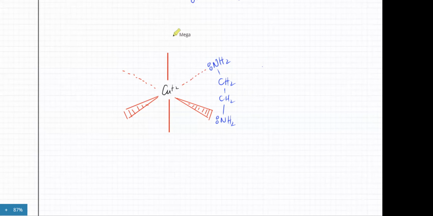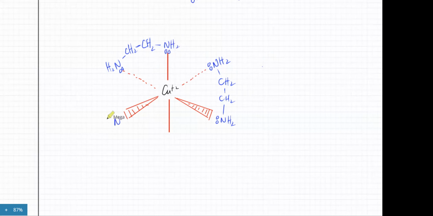There's going to be another one where you have NH2, and they're going to be connected together. So it's going to be CH2. The lone pairs of N will be attracted to the copper ions in the middle.